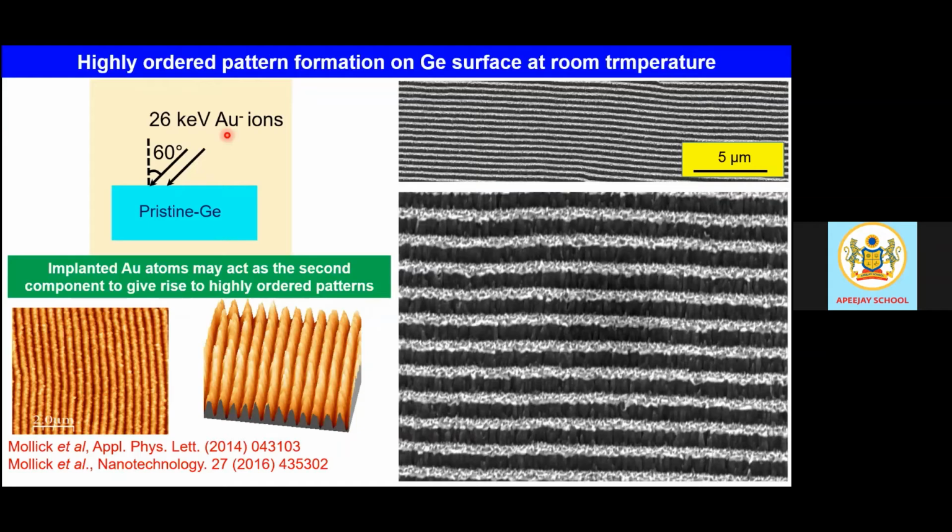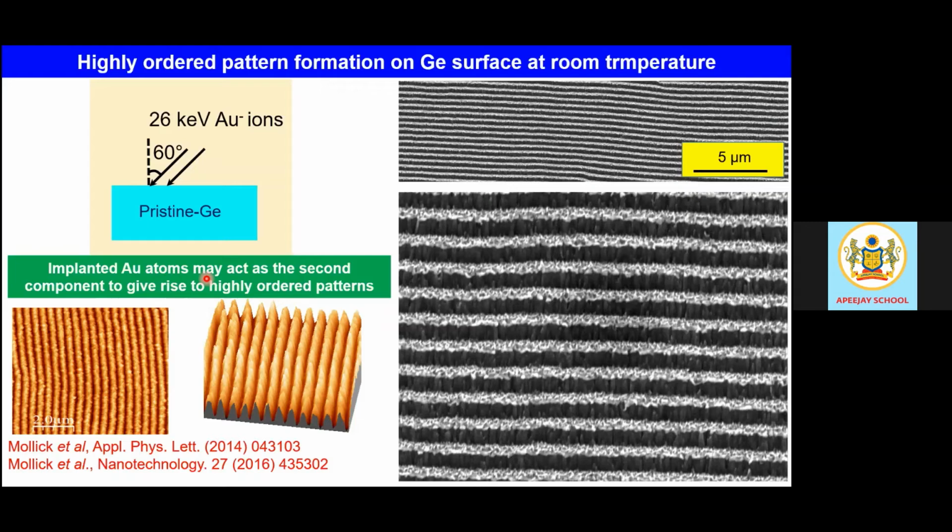Now we have done a series of experiments and we have published a lot of papers in this regime. The important thing is that the implanted gold atoms can play a very important role, acting as a second component to give rise to highly ordered patterns.